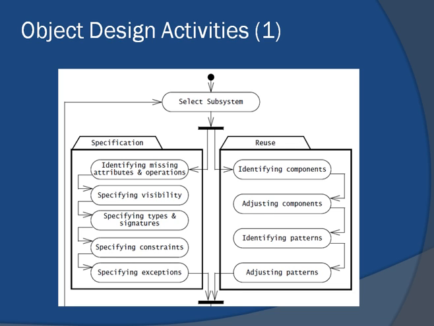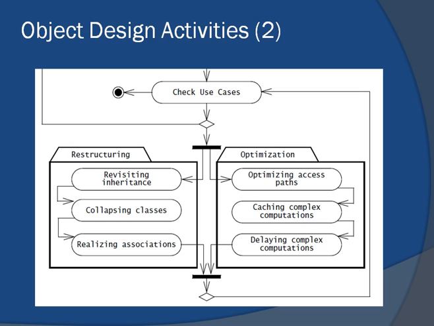Now the specification includes identifying missing attributes in operations, further specifying the visibility, specifying types and signatures, specifying constraints if they exist, and specifying exception conditions. Reuse includes identifying components, adjusting components, identifying patterns, and adjusting patterns.